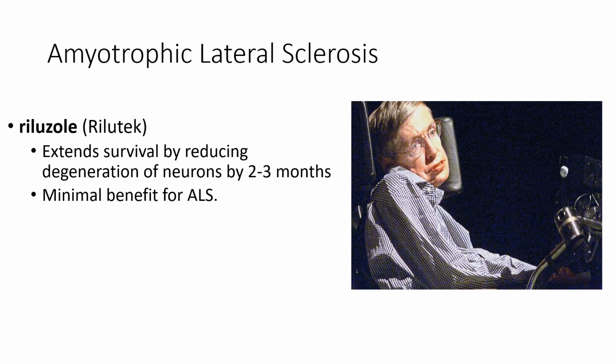It's felt to potentially reduce the degeneration of the lower motor neurons. Remember, those neurons that go from the spinal cord to the muscles. So there's really minimal benefit for amyotrophic lateral sclerosis. So really just to know the medication, Riluzole, but we're not going to get into any details about it at all.